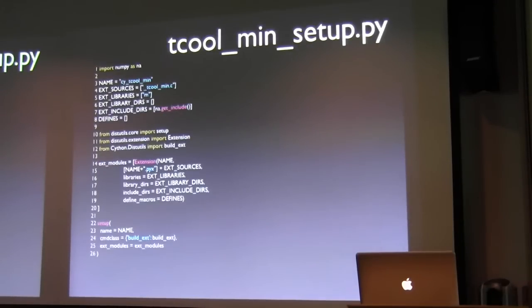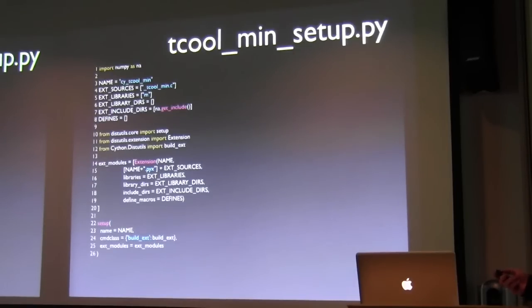This next thing is the setup script, and unfortunately I don't think I have enough time to explain all of the things in this setup script. Basically, this setup script is using the Python utility distutils that is kind of like a makefile for creating Python packages, whether it's packages of pure Python or packages that include Python extensions in C or C++ like this.